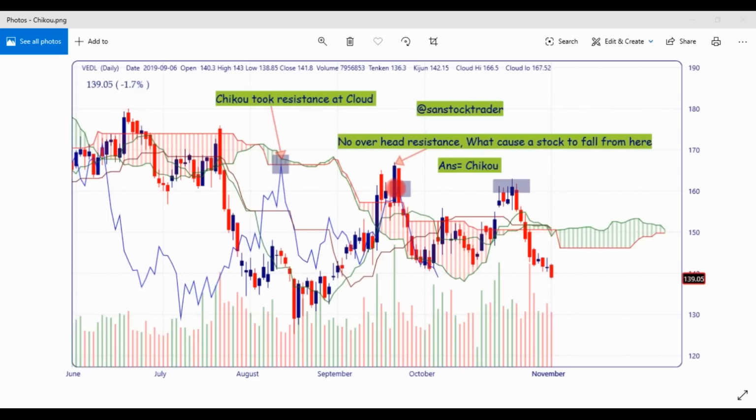Or Chikou touches and again goes back, that means price gets rejected from the 26-period high, and this is exactly what happened here. Chikou touched the candle and started moving down. It means price touched the 26-period high and got rejected. And this feature we are using in our Chikou Scoop strategy that we will discuss later.